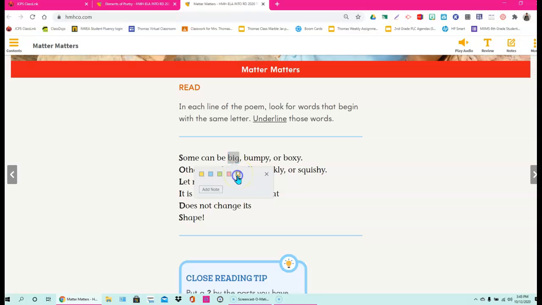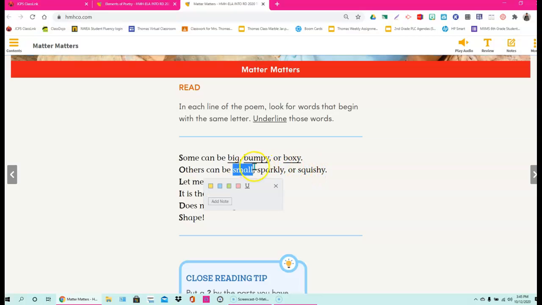So I see big, bumpy, boxy. So we all see that those words all start with the letter B. So the author is repeating the same beginning sound over and over and over. So some can be big, bumpy, or boxy. Others can be small, sparkly, or squishy. So we hear s, s, s.